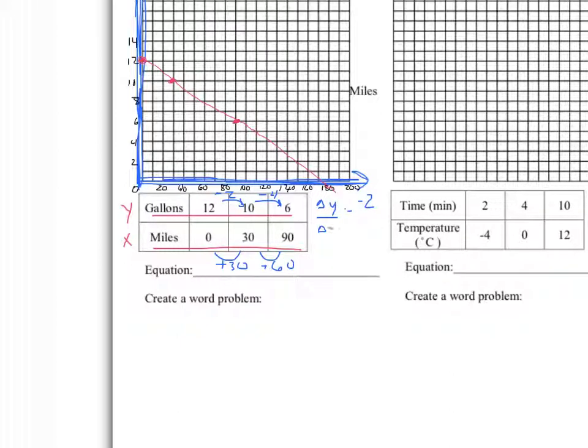My change in x is +30. And so I want to simplify that to -1/15. Y equals -1/15 x. And then what's our b?